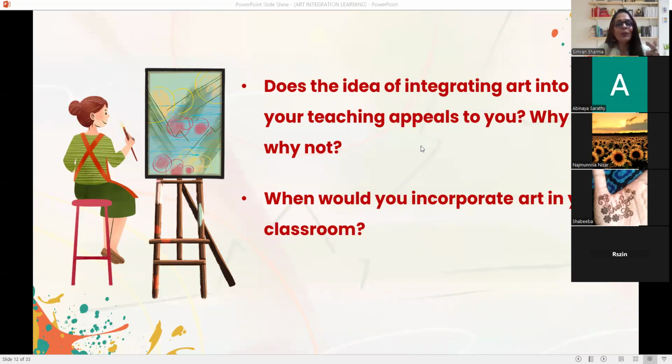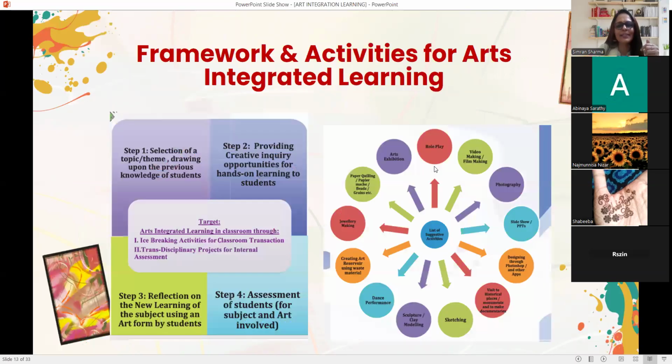Or if the concept is difficult and you know that art is going to help students understand it better, or when you are recalling it, recapitulation of the topic. During assessment also, we can use art integration.